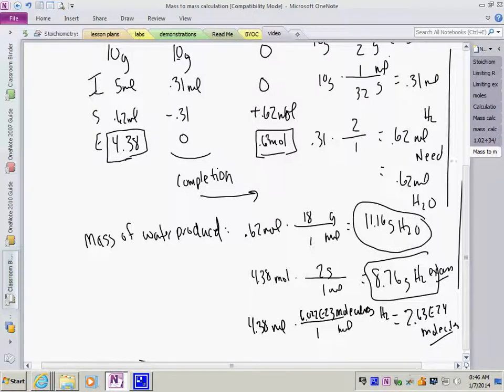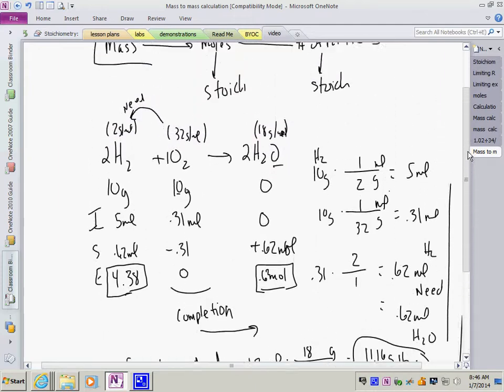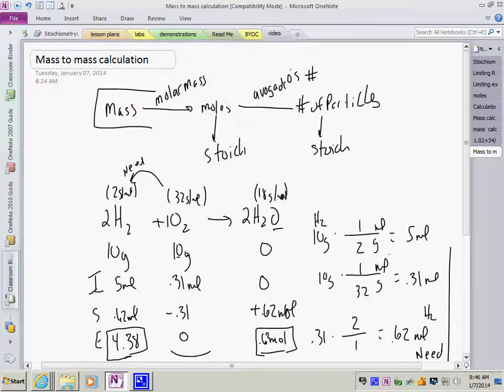All right. Only thing I would add on here, again, this is an example of going from mass to moles. Do your stoichiometry in moles and then back to mass.